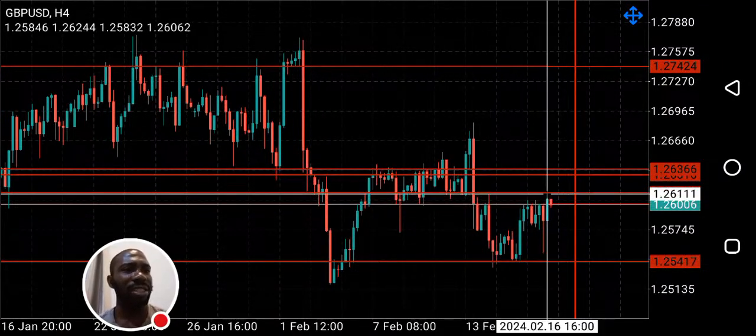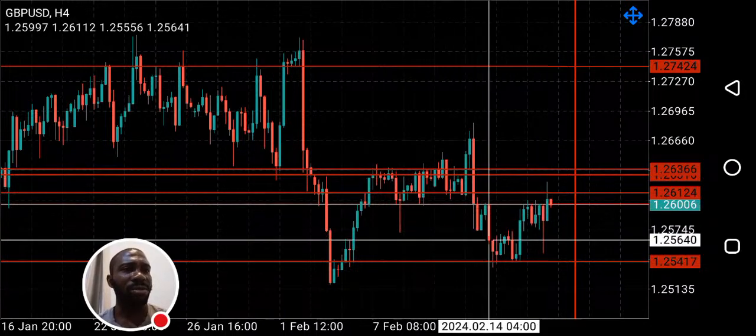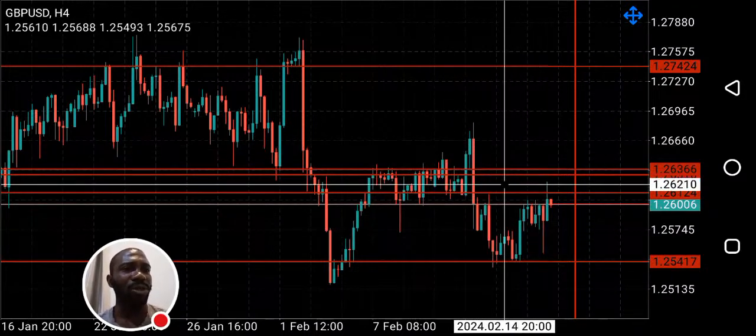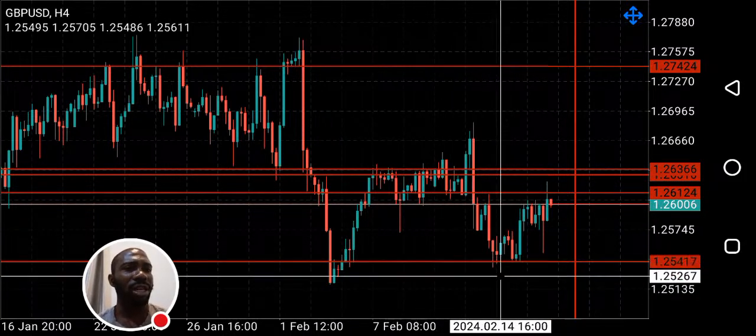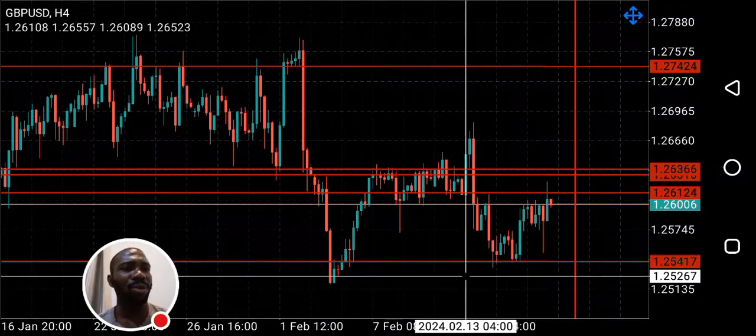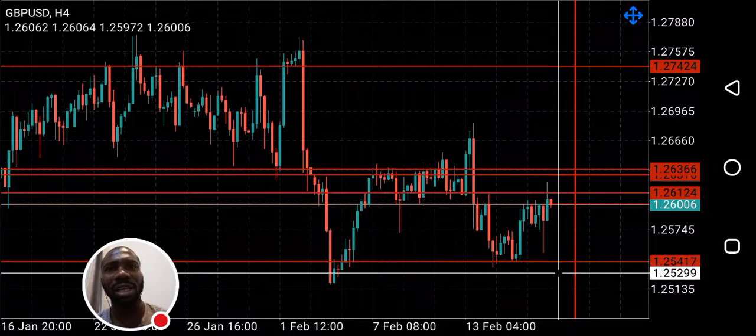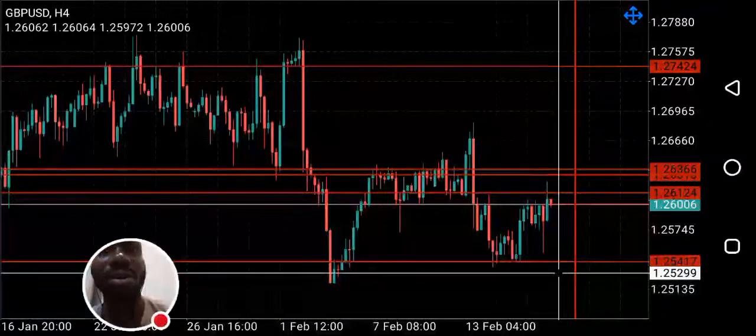So for us to buy, like I said, we need to wait for price to close above this resistance, and for us to sell, we need to wait for price to close below this support. That is my take.